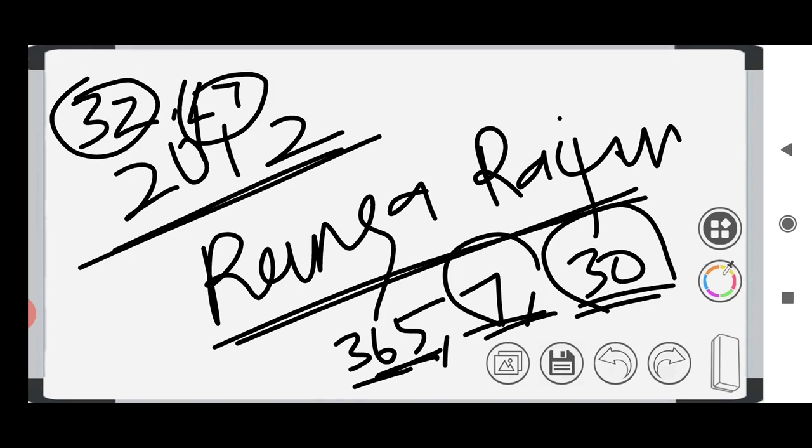If you are earning 32 rupees in rural area, then you are considered not poor. If you are earning 47 rupees per day in urban area, then you are considered not poor. Still, this Rangarajan committee is the one which is followed in India. So these are the things which happened in India actually.